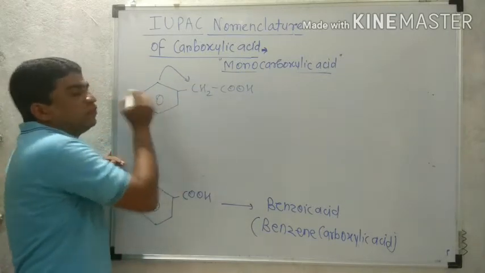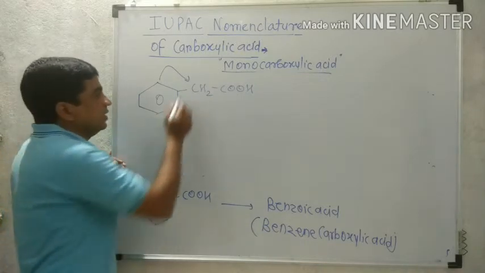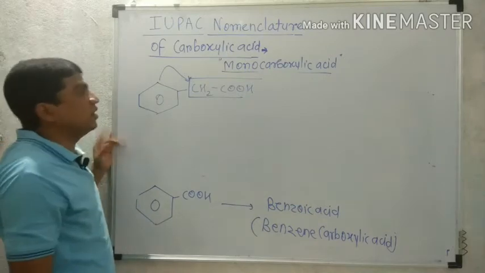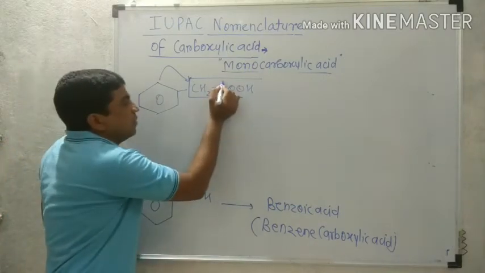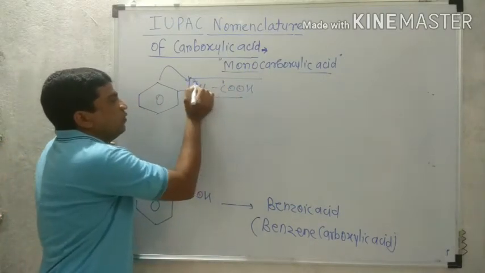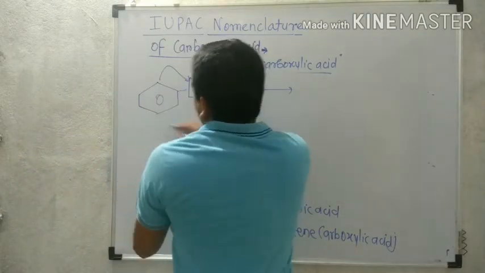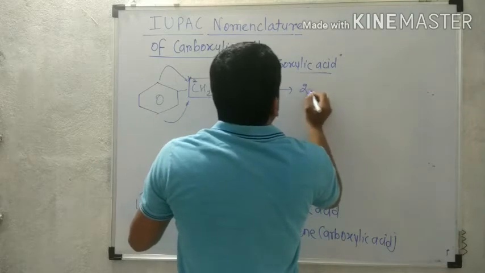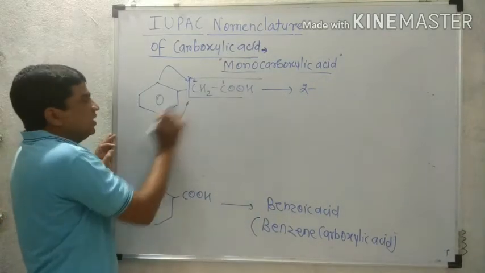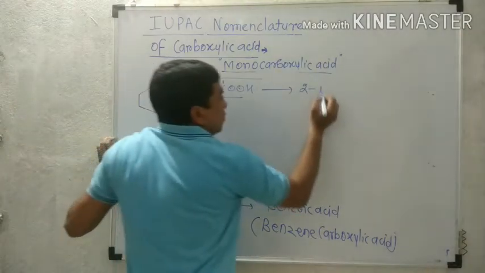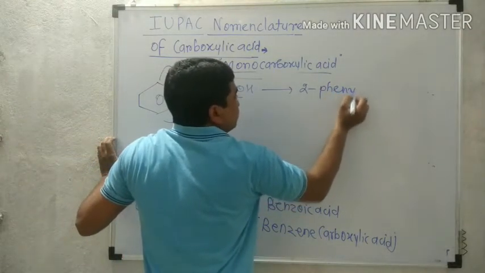The carbon chain is not a substituent to the benzene. It means that this is the parent structure. Number the parent structure, always numbering the carbonyl carbon first, therefore it is 1, and this is second. So at the second carbon, which group is attached? The second carbon contains this group, that is C6H5, phenyl. 2-phenyl.